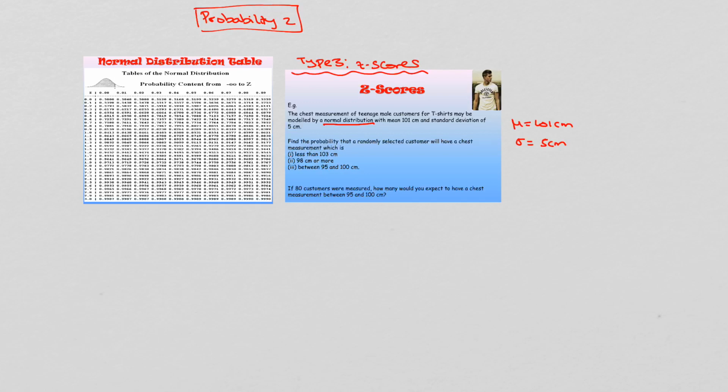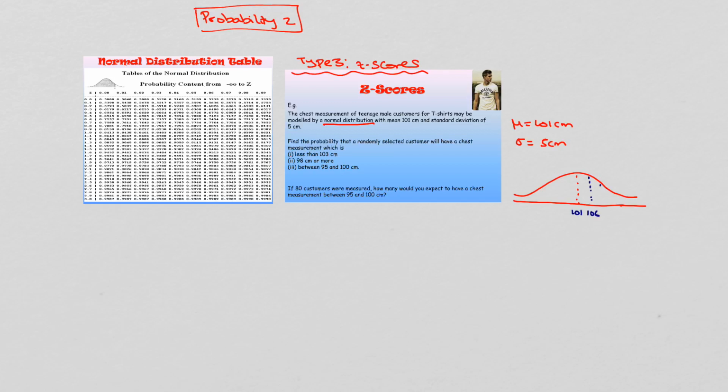If we were to draw a graph representing that, we would have the normal distribution, and the mean would be 101 centimetres. Plus 5, one deviation away, would be 106.